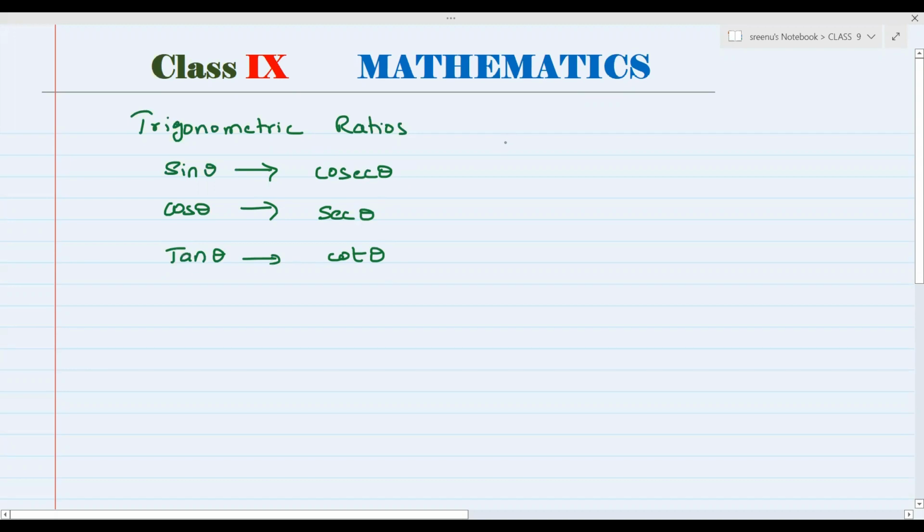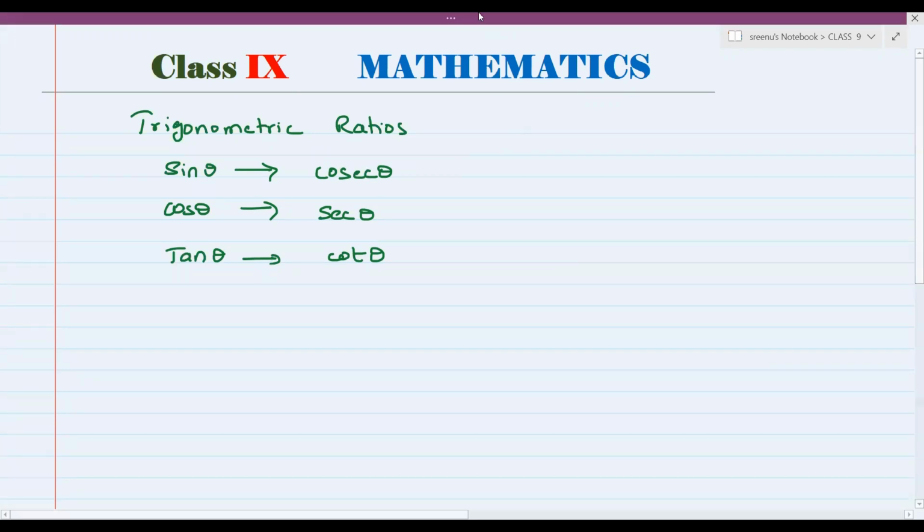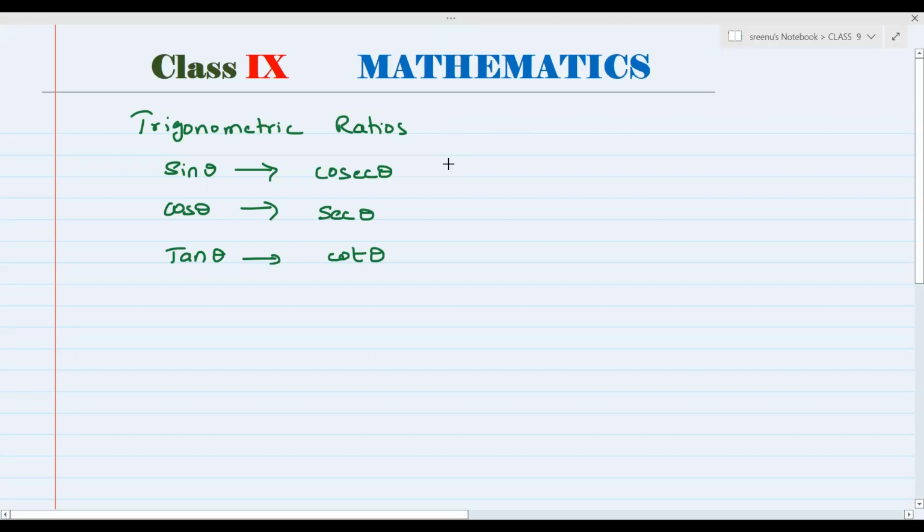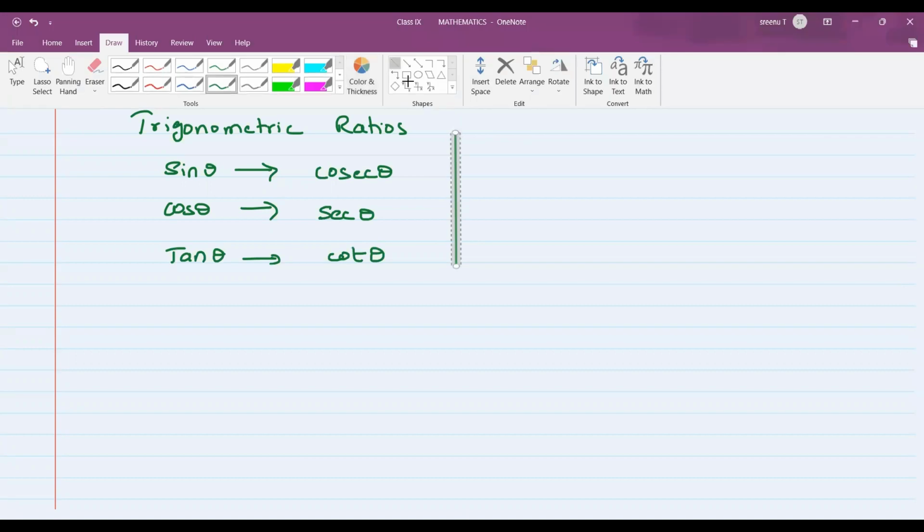Now, the definition of sin theta: the ratio between the length of the side opposite to the angle and the length of the hypotenuse. So to define the ratios, we need a right angle triangle. Based on the right angle triangle, we will define this.